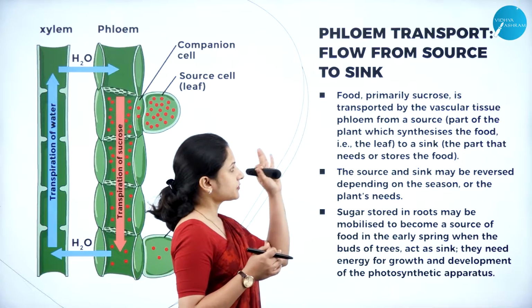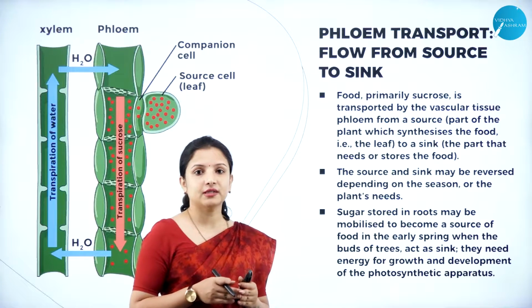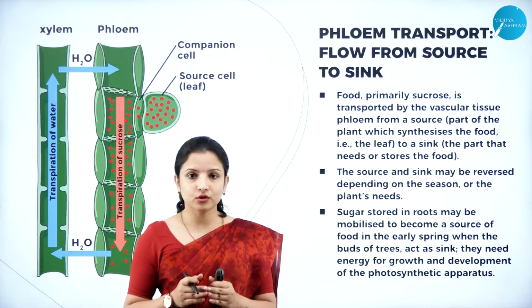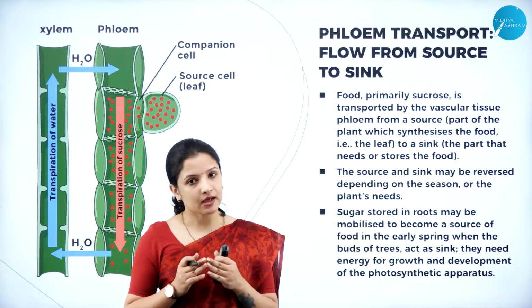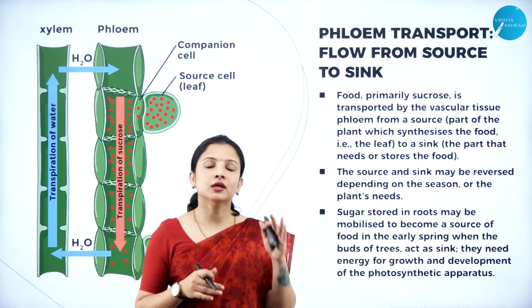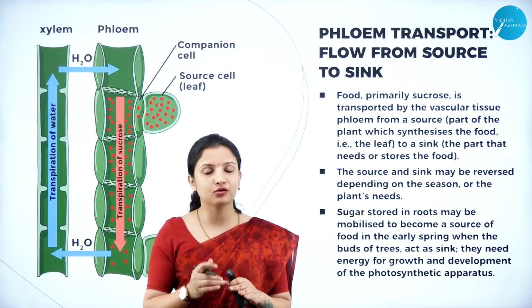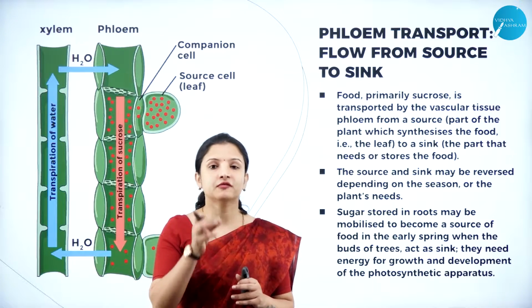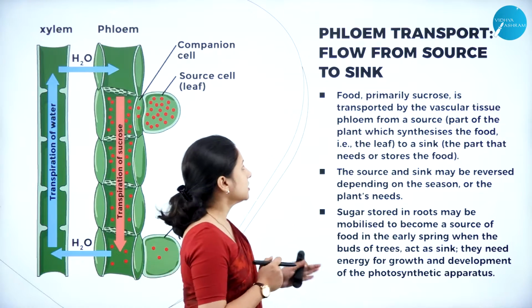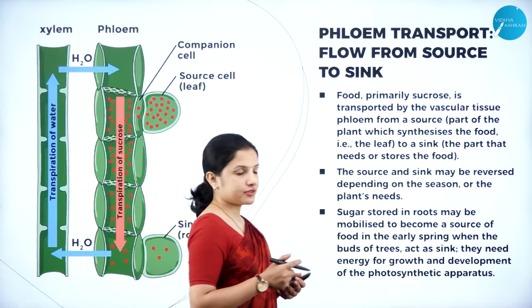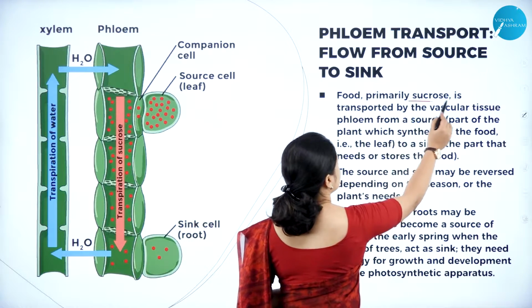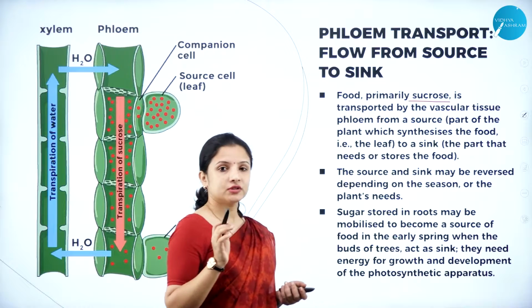We should always remember that the glucose cannot be transported as such in the plants. Therefore, the glucose has to be converted into sucrose, and it is the sucrose that actually travels from the source to the sink. So, food, especially sucrose. Why sucrose? Because I told you glucose cannot travel.